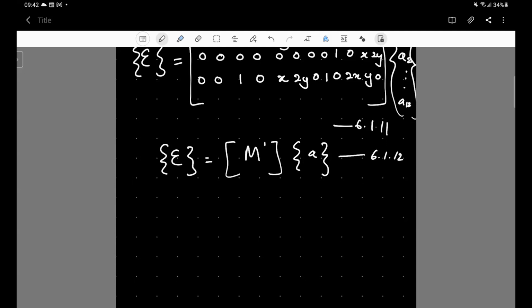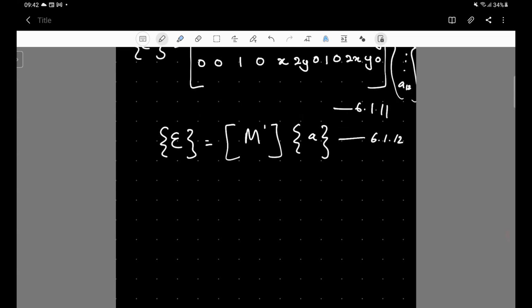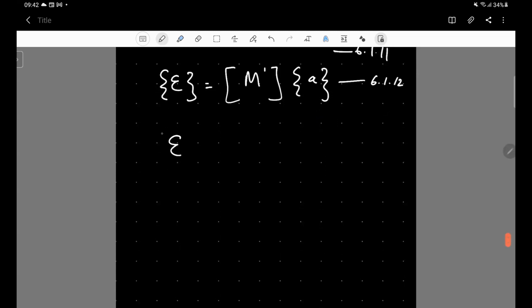We can substitute this equation again in 6.1.6 and substitute the corresponding A coefficients, which we have found, into 6.1.12, and describe the nodal displacement using a B matrix and displacement matrix, just like in the previous session that we did.